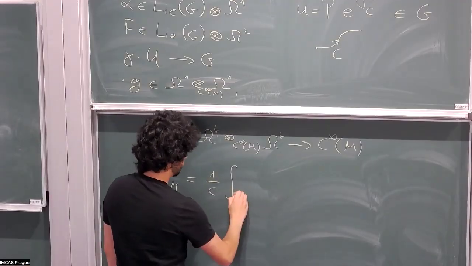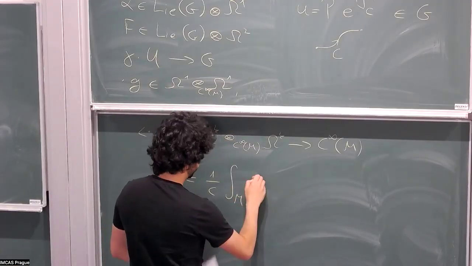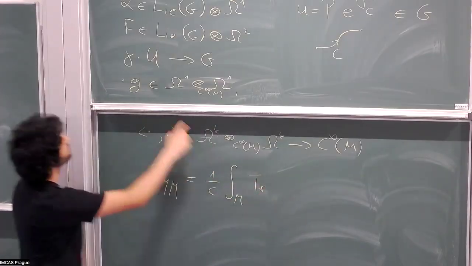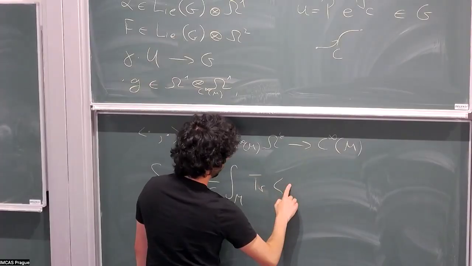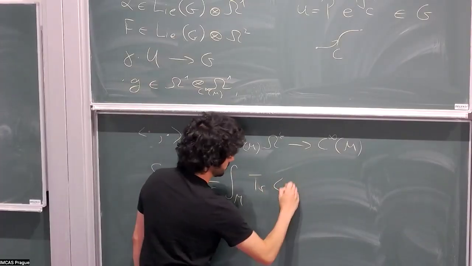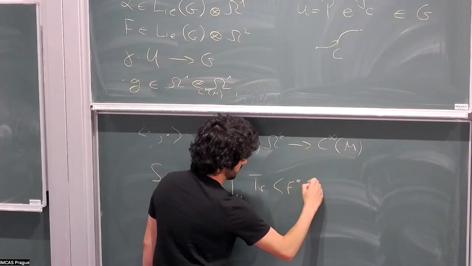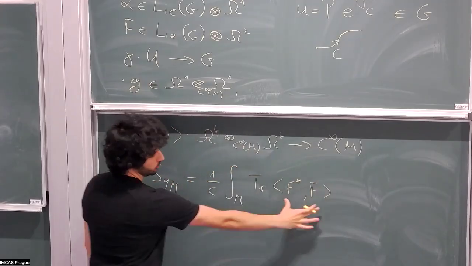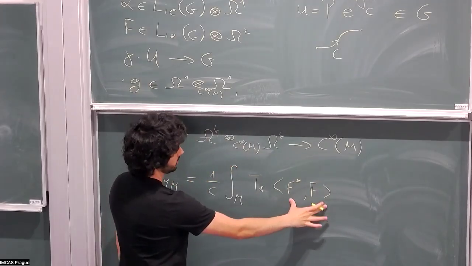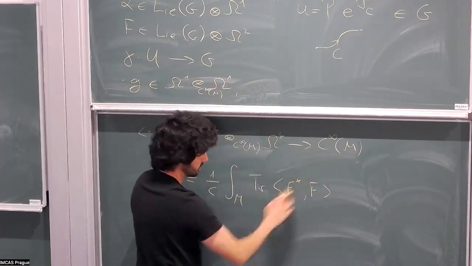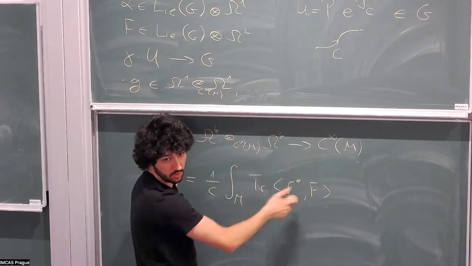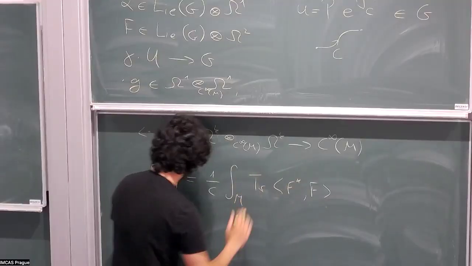Then we integrate over M, and we have some trace operation on the Lie algebra. We apply this inner product to the curvature, so F star and F. This gives us a function valued in the Lie algebra tensor the functions, and then we take the trace to get a function on M, and we just integrate it.